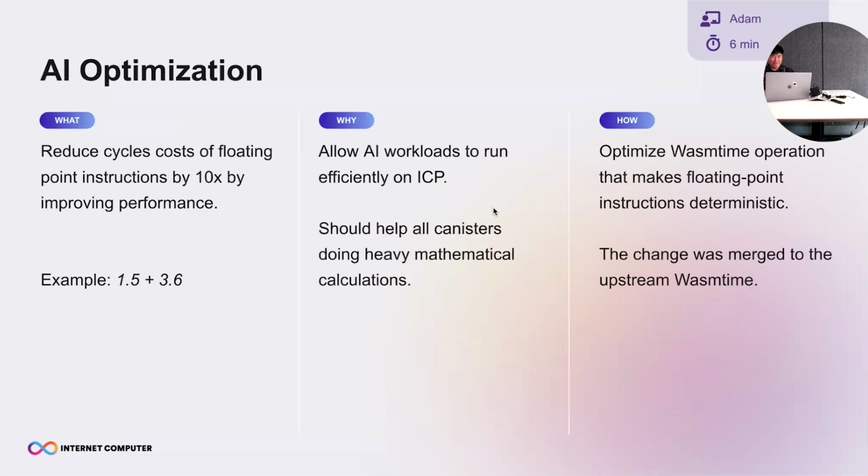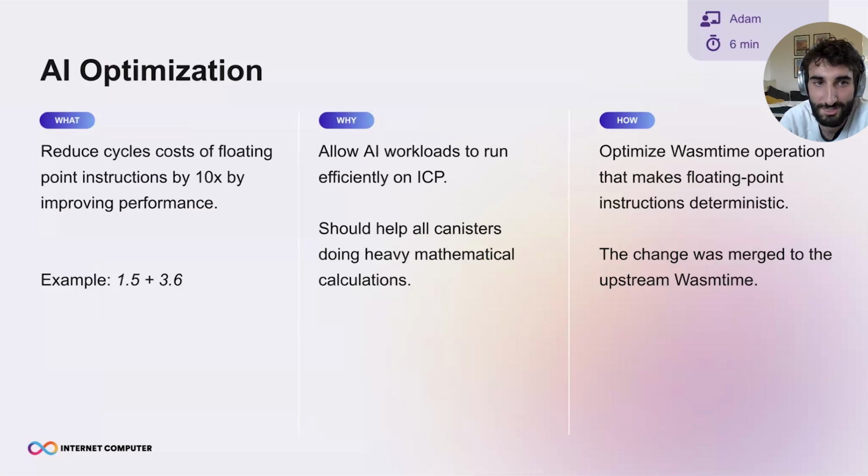The next topic is AI optimization. Maybe you have seen this demo that Dom presented last Friday about this performance improvement. And if you wonder how it works under the hood, Adam will explain. Hi, thanks, Ulan. So what we did here is we were able to reduce the cycle costs of all floating point operations by about 10 times, improving performance.